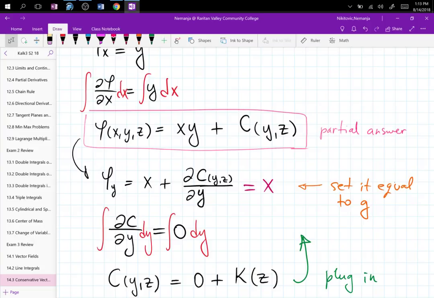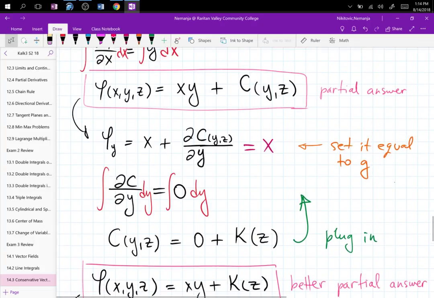Now you want to do a better job. So to do a better job, you take your answer and take the partial derivative with respect to y. You get this, and then you set that equal to g, which was the partial derivative with respect to y. And then x and x cancel, giving you that this is equal to 0. Then you solve that, right? Again, separation of variables, integrate both sides, whatever works, to get what c is equal to.